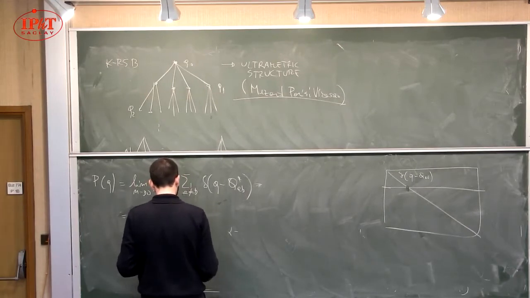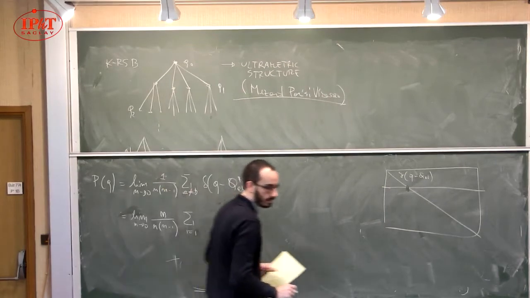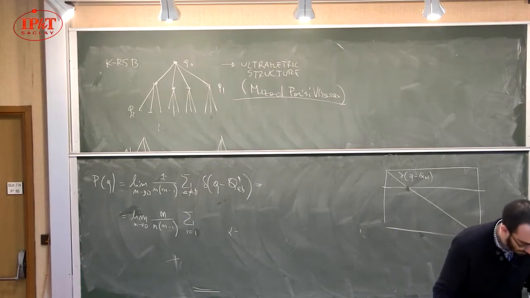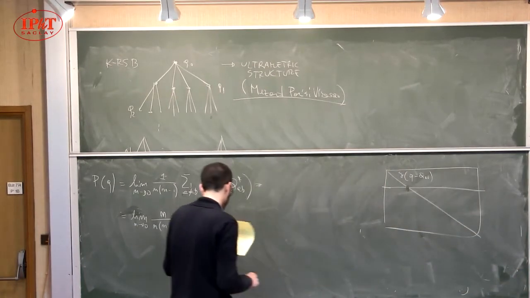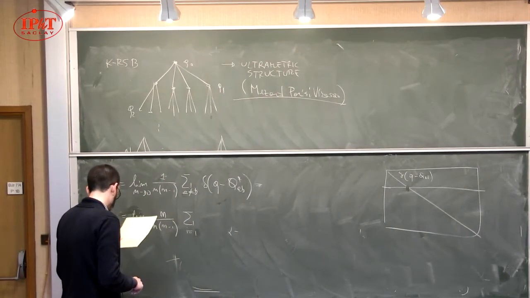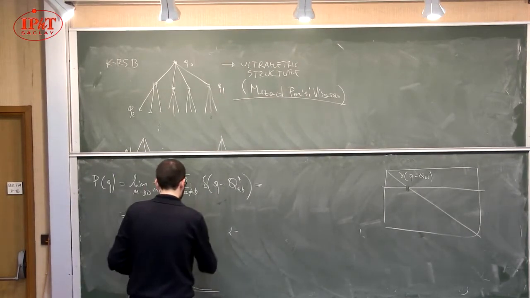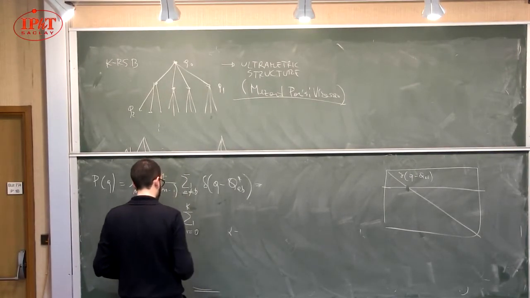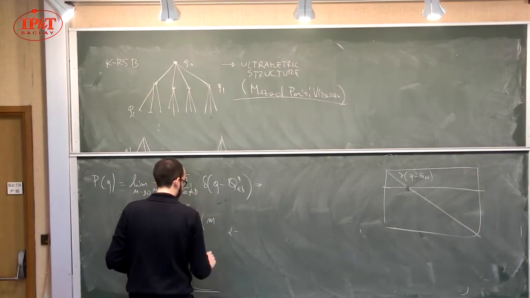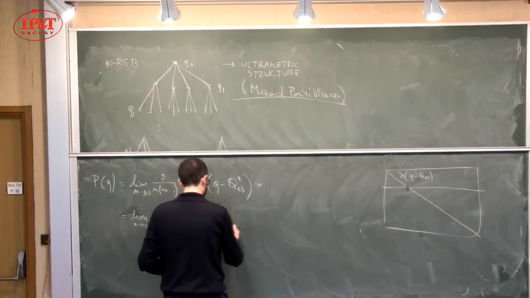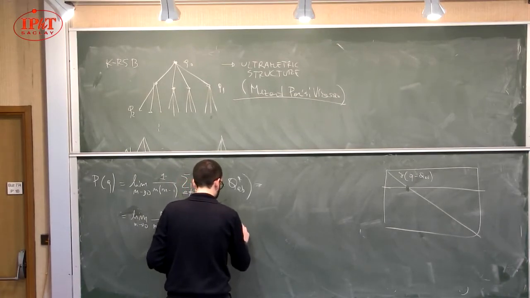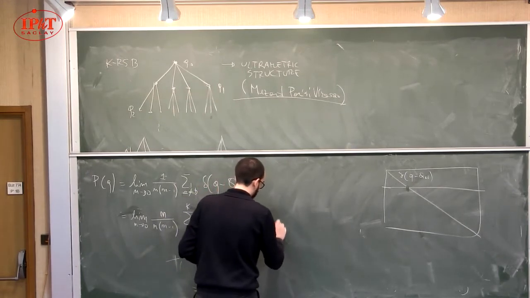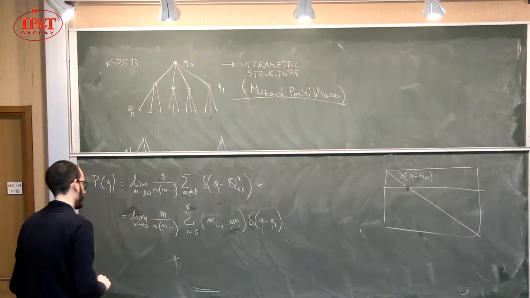from i equals 0 to k of m_{i-1} minus m_i, q_i, sorry.